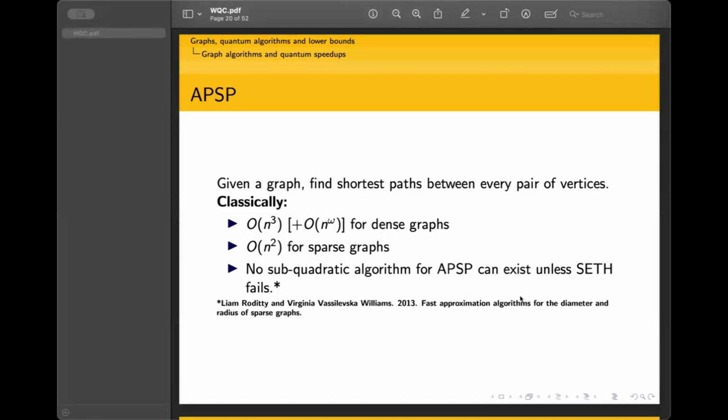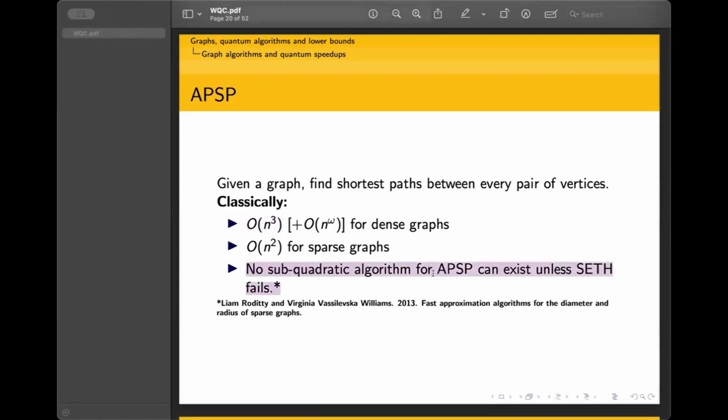I included O of n to the 2 omega, which is the complexity of matrix multiplication, because there are matrix multiplication algorithms for solving this, but this is a different story, depending on how you formulate your problem, so we'll disregard them. In general, it is believed that no algorithm faster than n cubed exists for outputting all pairs shortest path.